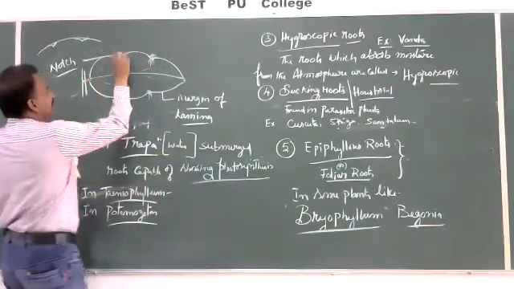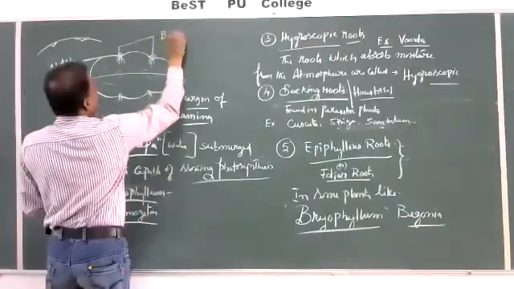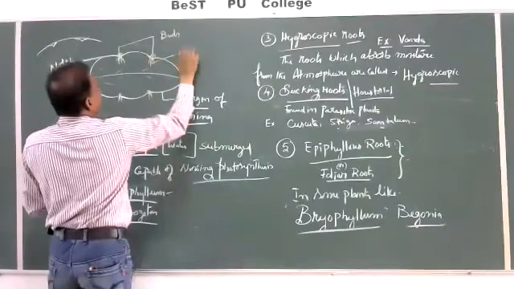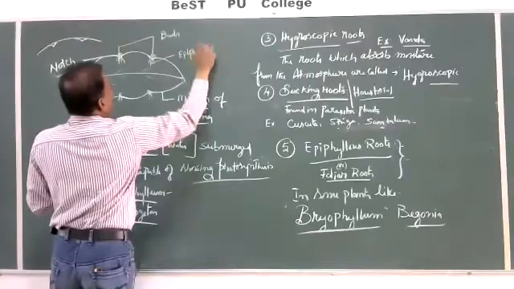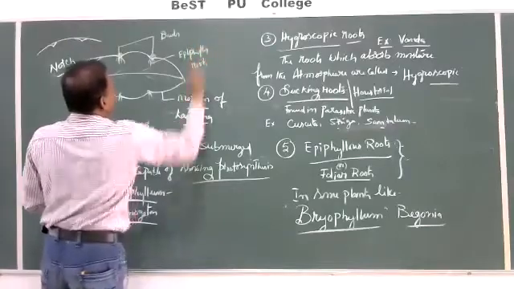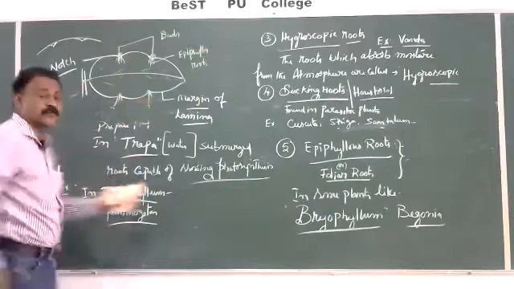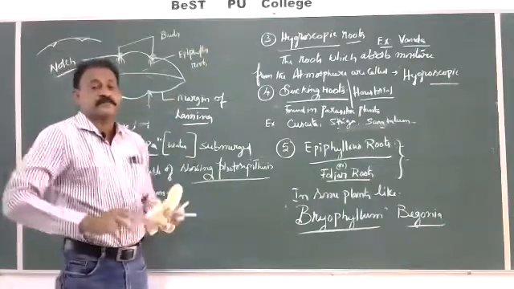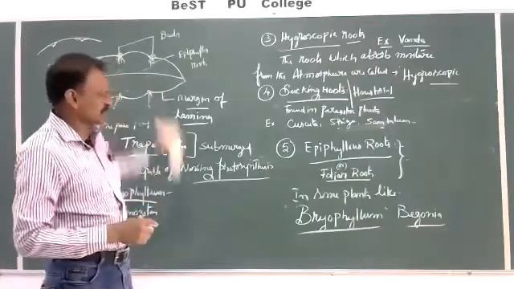These are called epiphyllous buds, epiphyllous roots. Like this, whenever these fall on the ground, they develop into a new plant. This is a process of vegetative propagation by roots.